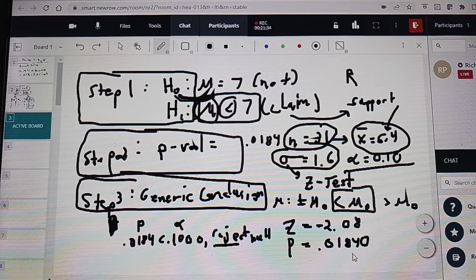So since that's less than the given alpha, that's when we reach the unusual probability level. So we can either believe something unusual just occurred to us, or we can believe that the reason we're getting such a low probability is probably the mean's not 7, it is probably something less than 7. And that's why our sample mean is lower, because the sample mean's probably close to the real mean.